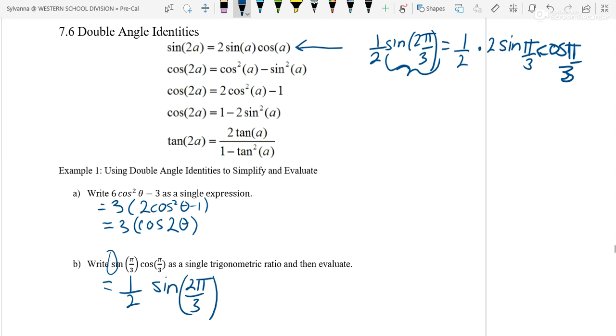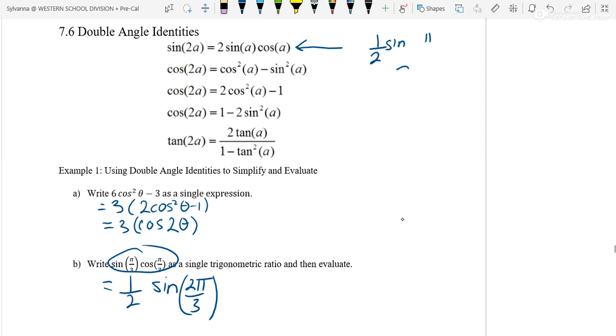If you look at that and compare it with the question that we have down here, it's the same thing once my 2 cancels out. So I know that I put this under a single trigonometric ratio perfectly. So I'm just going to erase all that. You don't need it.